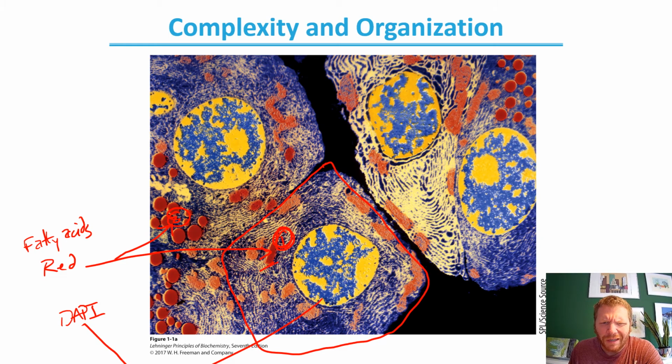The organelle I've labeled 1, I believe, is a mitochondria, and mitochondria are involved in fatty acid oxidation, so that gives me some hope that this is indeed the stain I'm thinking of.